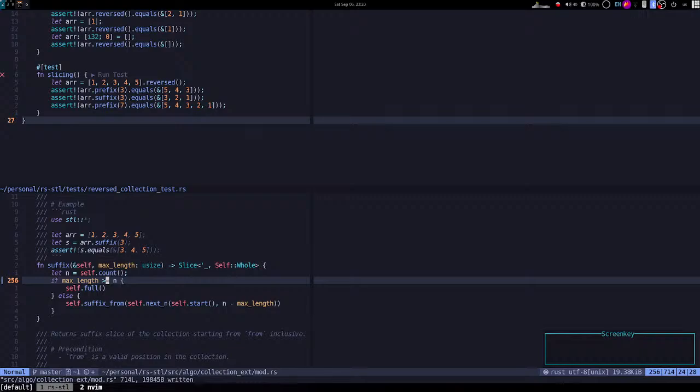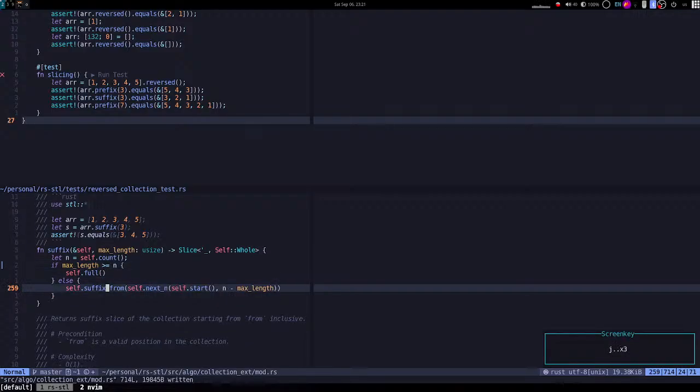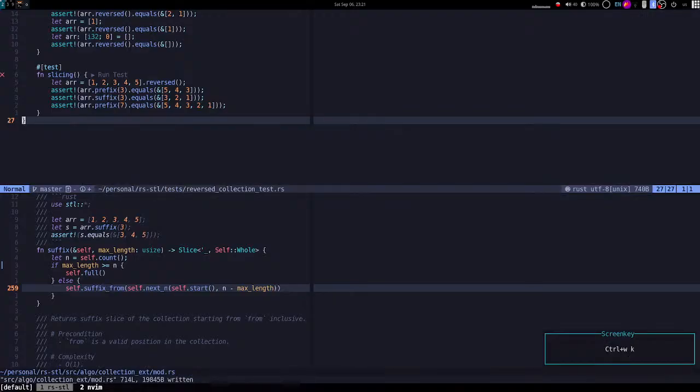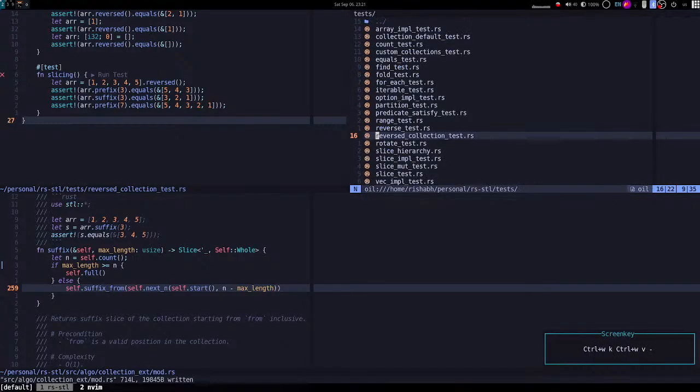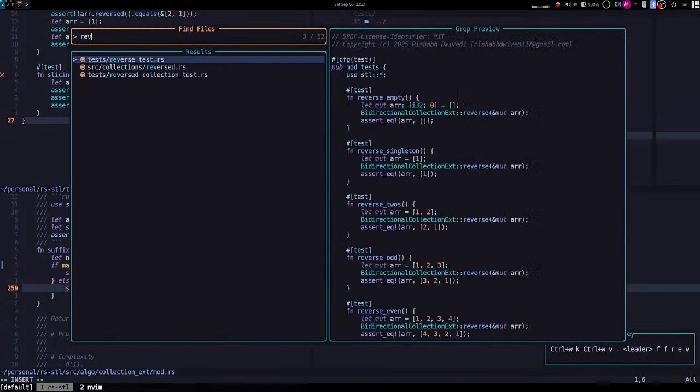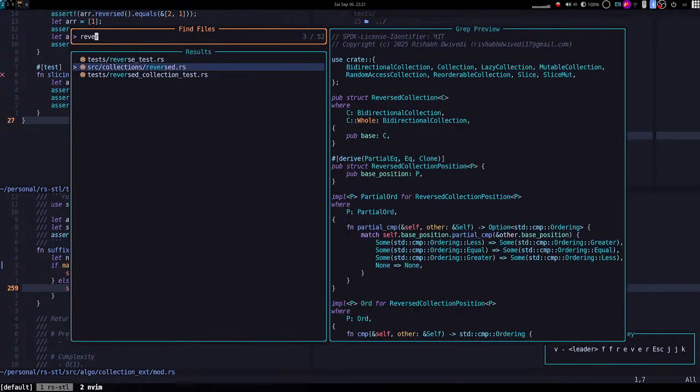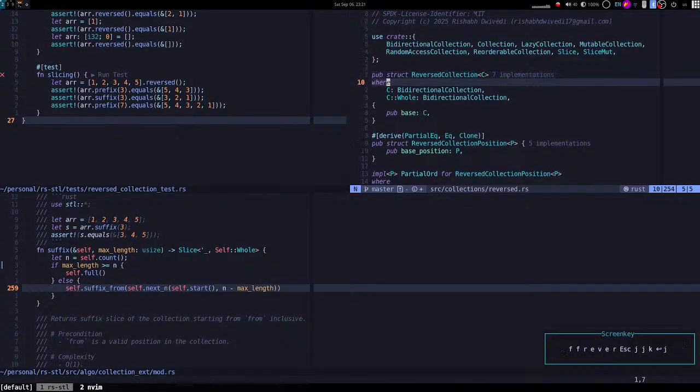If max length is greater or equal to n, it should be the full thing. Otherwise, hmm, reversed collection reverse.rs.